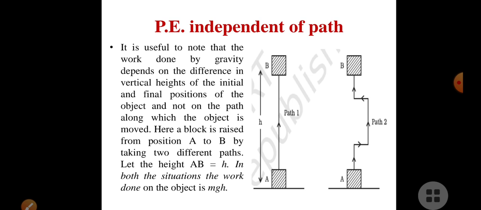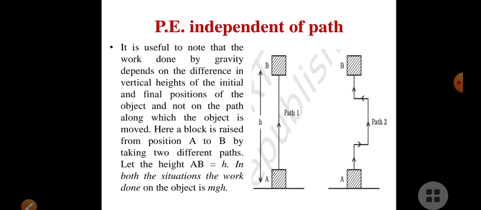Here a block is raised from position A to B by taking two different paths, and let the height be h. So in both situations, the work done on the object is mgh, that is the same. So this is an important question.